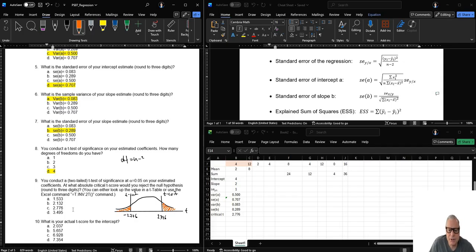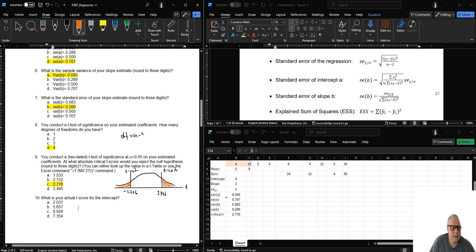So our critical T is 2.776, and so the correct answer is C.